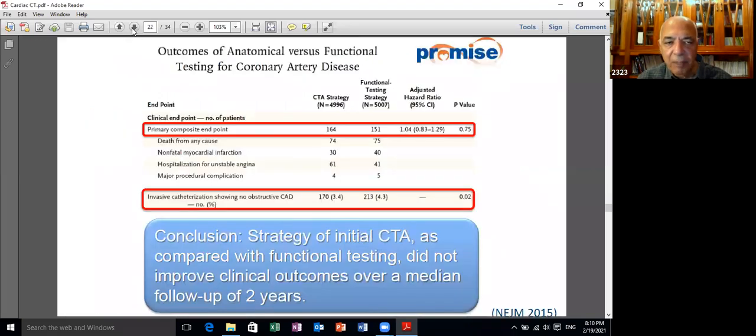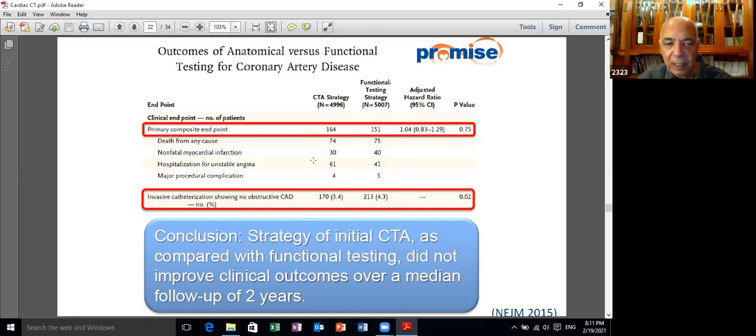Now, this is the PROMISE trial, and as you see, the primary endpoint was death, non-fatal myocardial infarction, hospitalization for unstable angina, or major procedural complications. There is a trend, not significant, with a p-value of 0.75, so you can say that there is no difference between a functional test, which was nuclear scanning in this trial, and an anatomical test, which is CT.